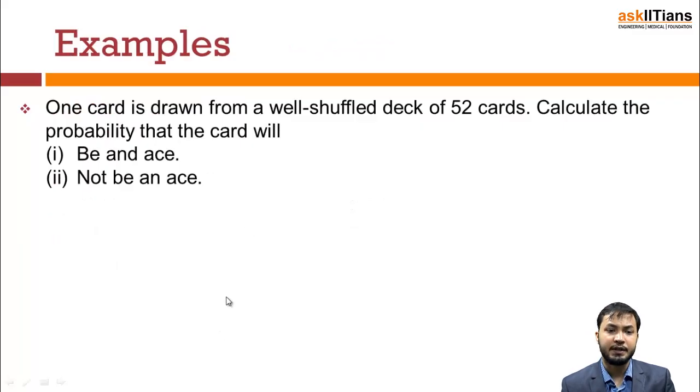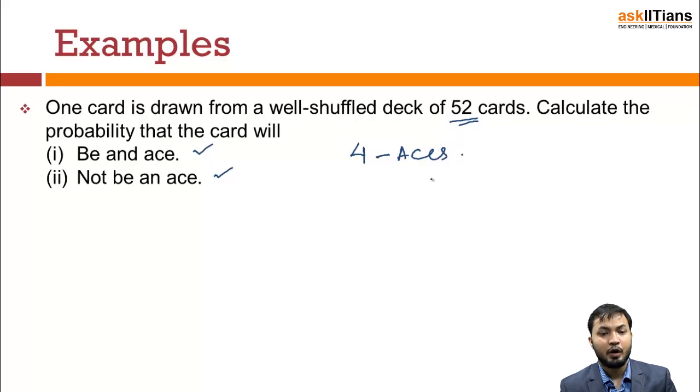Let's look into examples based on the topics that we have just studied. A card is drawn from a well shuffled deck of 52 cards. We need to calculate the probability that the card will be an ace or not be an ace. We know that in a deck of cards there are 4 aces.